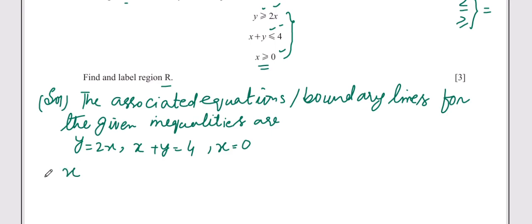X equal to 0 is actually the y-axis. X is equal to 0 is the equation of the y-axis, because at the y-axis the x coordinate is always 0.